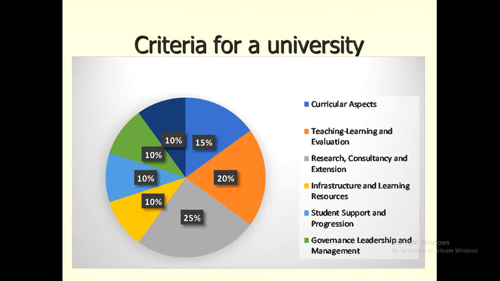This marks distribution is shown in this pie chart: 25% weightage is given to research, consultancy and extension, 20% to teaching, learning and evaluation, 15% to student support and progression, and 10% each to the other 4 criteria.